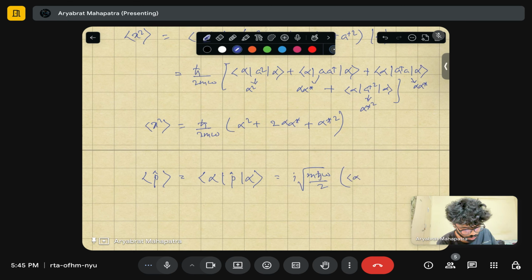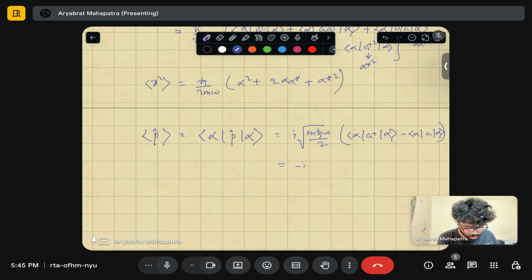So alpha star minus alpha, and this will be minus i times the square root of h bar m omega over 2, then alpha minus alpha star.